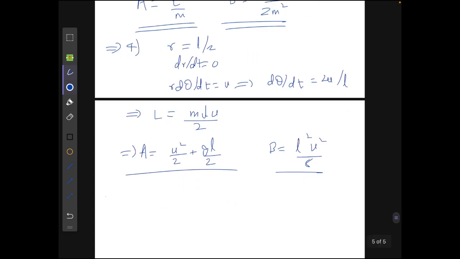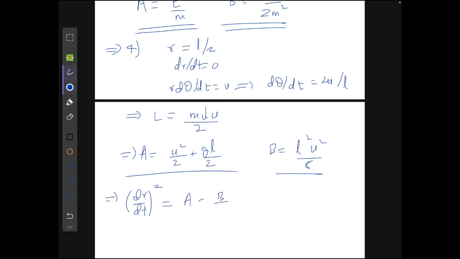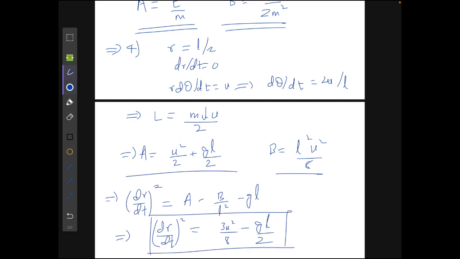So for dr by dt whole squared, the equation we found in part 3 comes out to be a minus b by L squared minus gL, where I have substituted r equals L. Substituting the values of a and b, we get dr by dt whole squared for part 4 to be 3u squared by 8 minus gL over 2. So this is the answer for part 4.